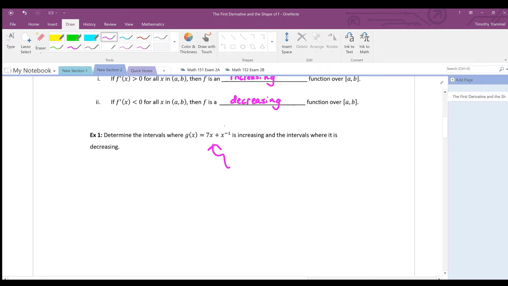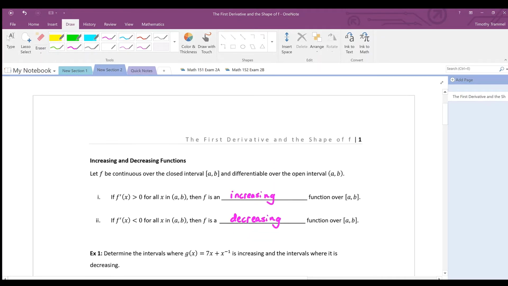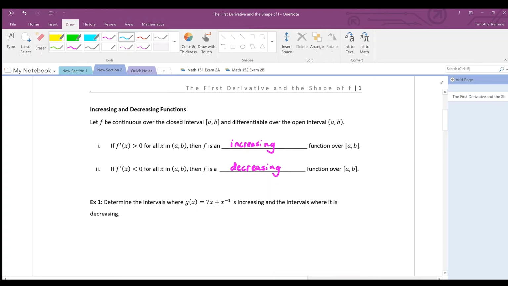It's g of x equals 7x plus x to the minus 1. And so what we're going to do is start off with that derivative, because that's what we need in order to know whether it's increasing or decreasing. But there is technically something important here to think about. What we wrote right here was dependent technically on a couple things. We needed f to be continuous.